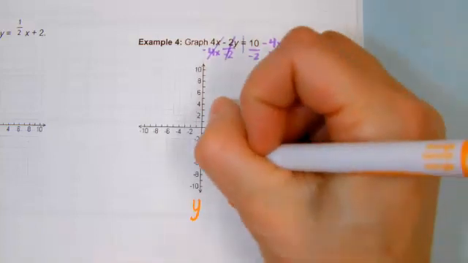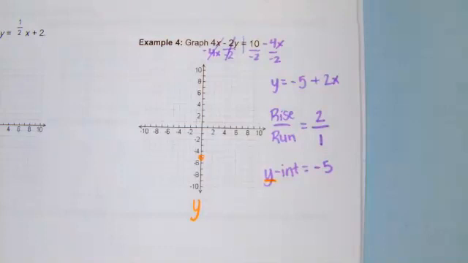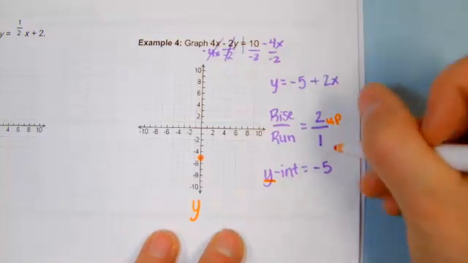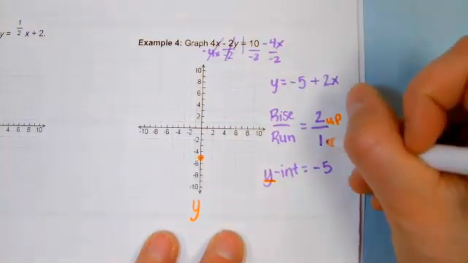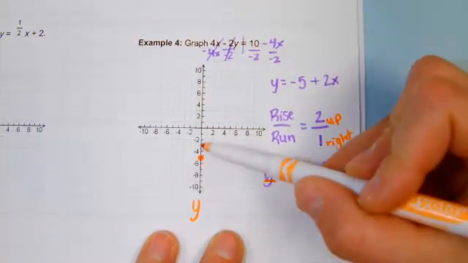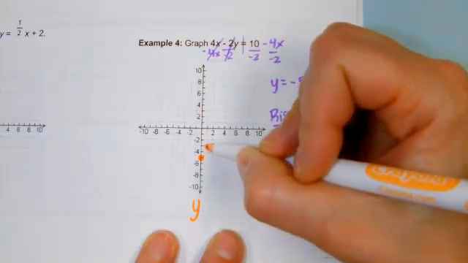So negative 5 is between negative 4 and negative 6. We start there. And then where do I go from that spot? Up 2, because 2 is positive and 1 is positive. Right 1. Yep. So from my spot, I'm going to go up 1, 2, and go right 1, and you make your second dot.